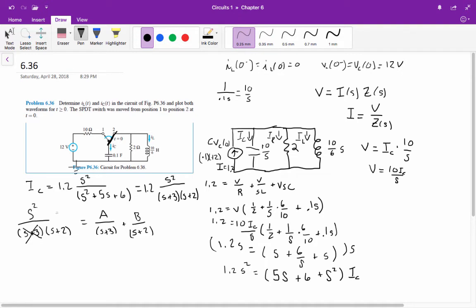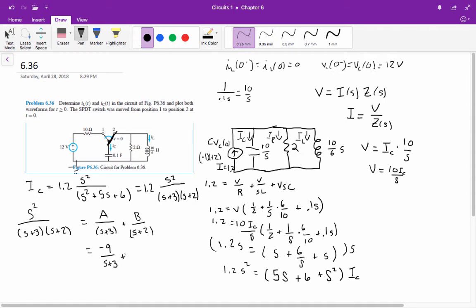That gives me 9 over negative 1, which is negative 9. And so the a is now negative 9. So this is now negative 9 over s plus 3.